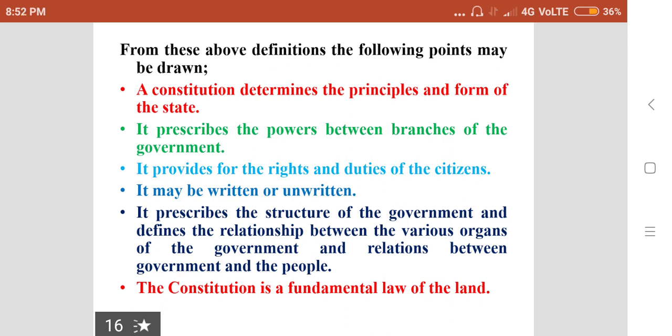It prescribes the structure of the government and defines the relationship between the various organs of the government and the relations between the government and the people. The Constitution is a fundamental law of the land.